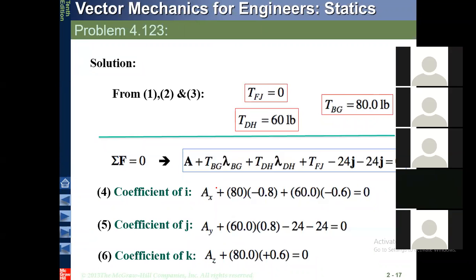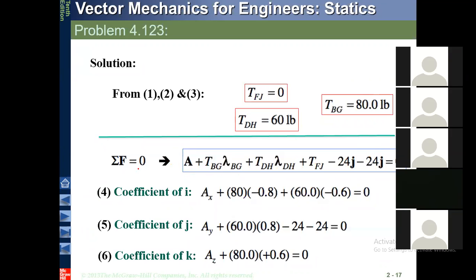For that, after you derive the forces in the three cables, you can write sigma F of x equal to 0, sigma F of y equal to 0, and sigma F of z equal to 0. Basically you can write these three equations in the compact form of a vector equation.